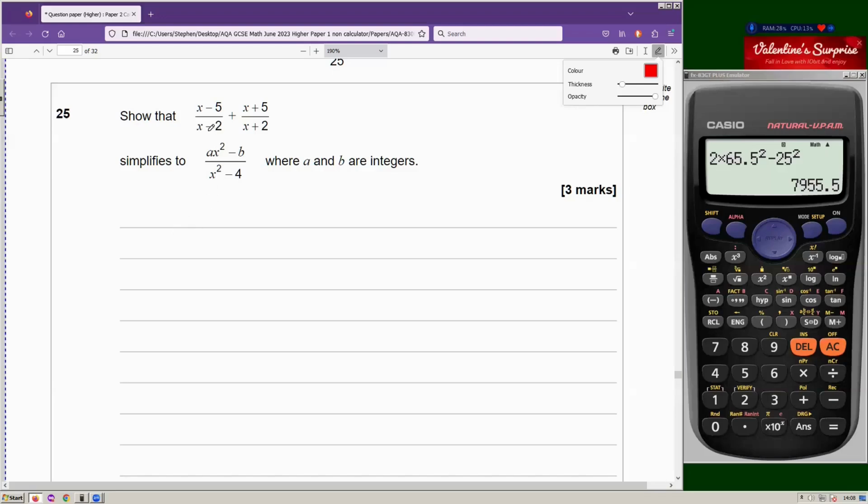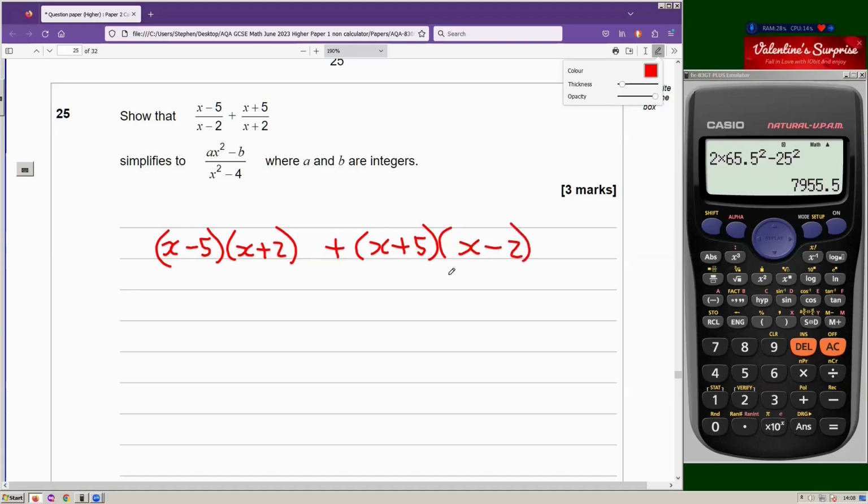And so what we're going to do is go x minus 5 times by x plus 2, plus x plus 5 times the x minus 2, all over x minus 2, x plus 2.